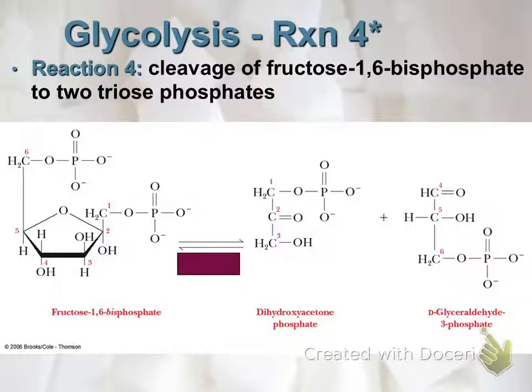The other one is dihydroxyacetone phosphate. If you break it down, for those who have already had organic chem 2, you should already have been able to ascertain what that is, because acetone has 3 carbons, 1, 2, 3, and it's the simplest of what functional groups? Ketone. It's a 3-carbon ketone.